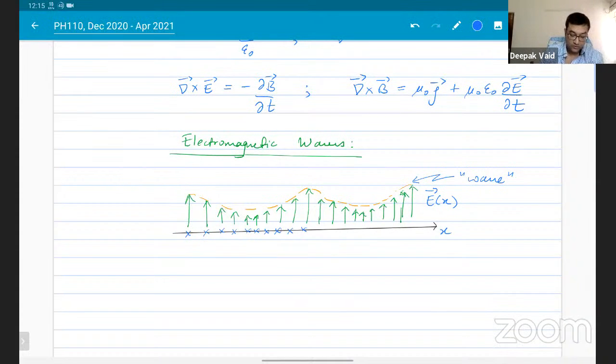Now, if you go just a little bit above the wire, the electric field might change in some way, right? So this is an electric field on a one-dimensional wire. Okay.